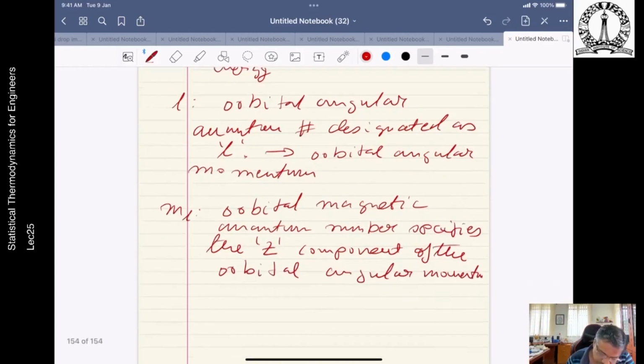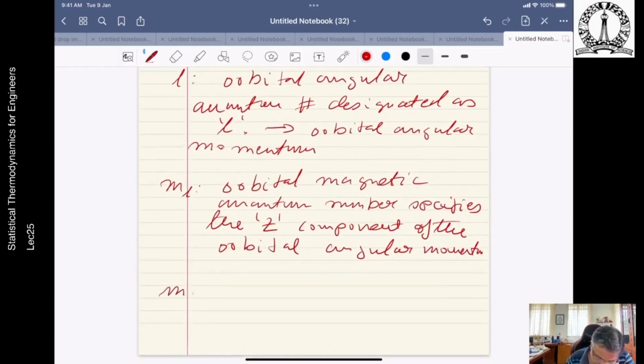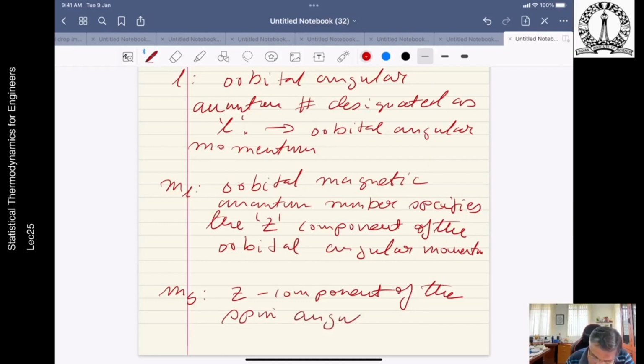And lastly, you have MS, which is the Z component of the spin angular momentum.